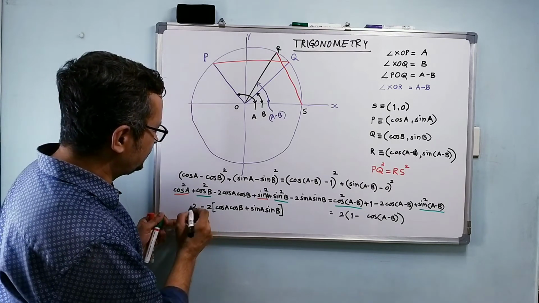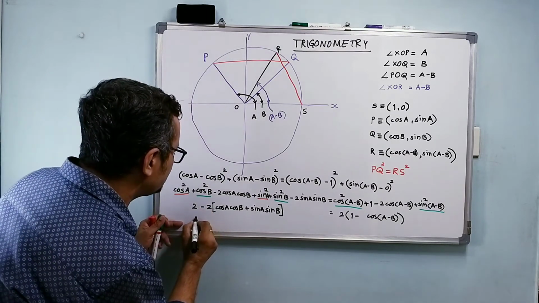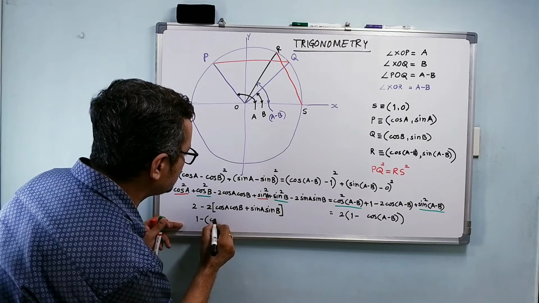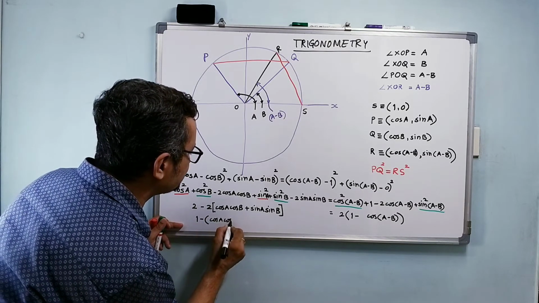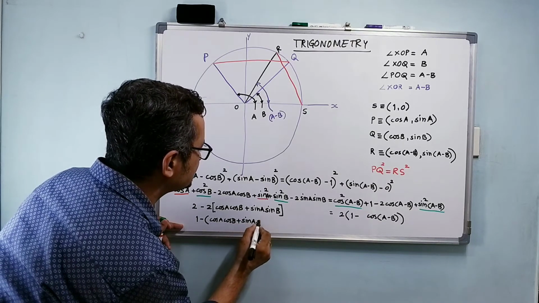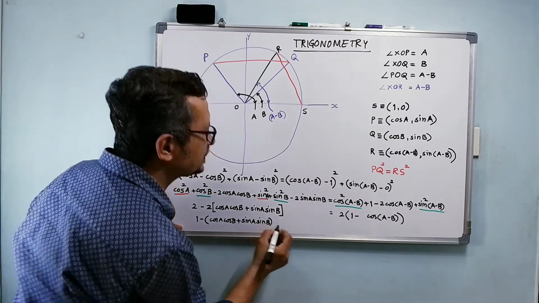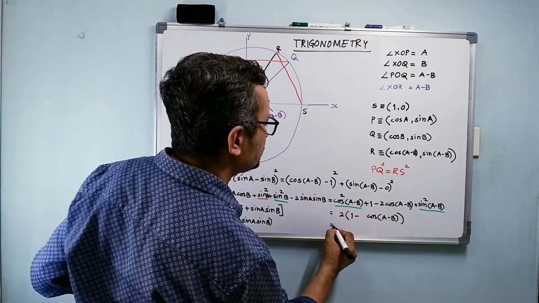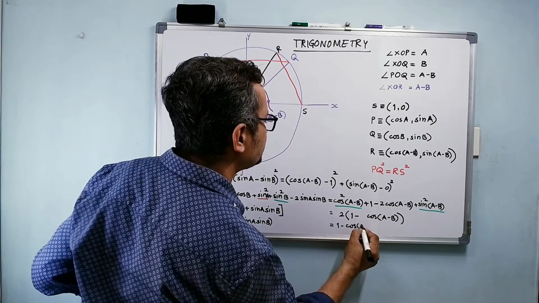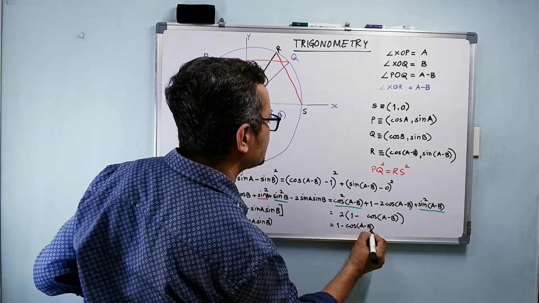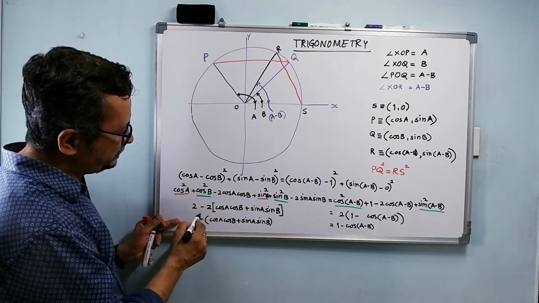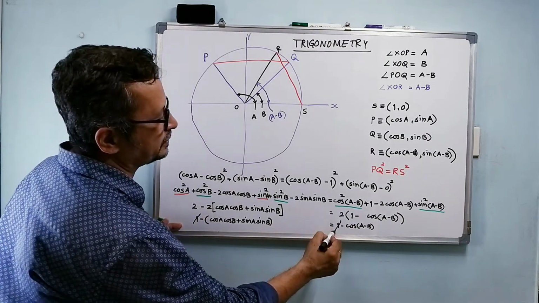So what I'm going to have over here is 1 minus (cos A cos B plus sin A sin B) is equal to 1 minus cos of (A minus B). Correct? I'll just get rid of this 1 here and 1 here.